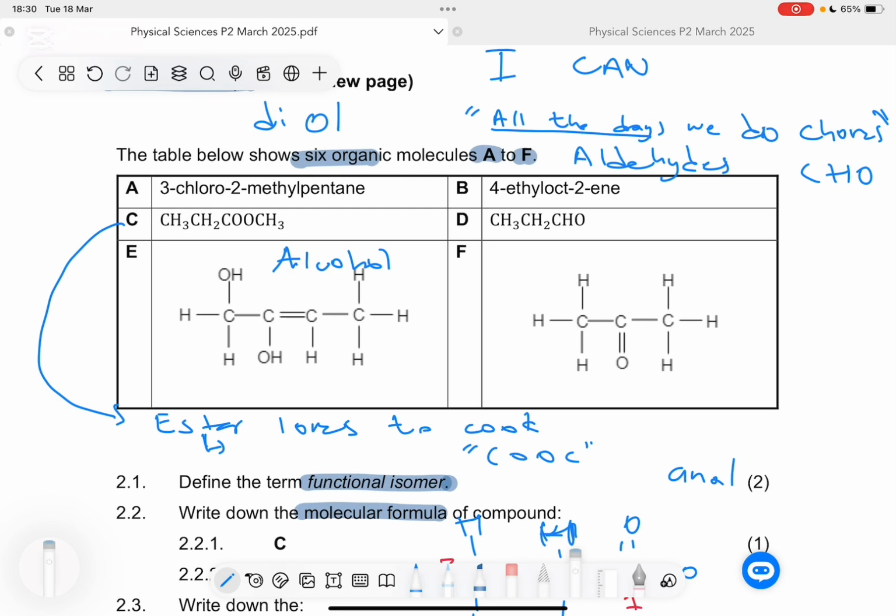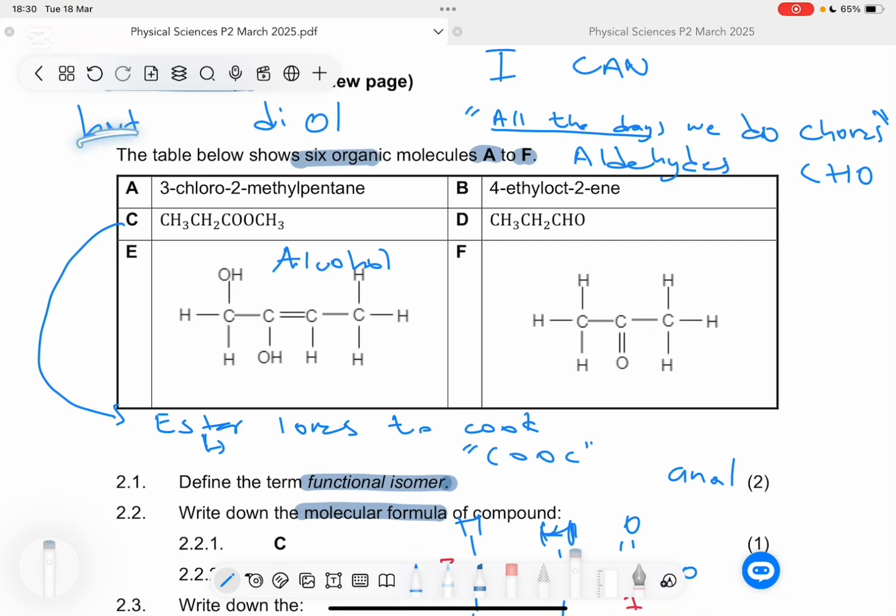The other thing we have to notice is that we have a straight chain molecule. There are no branches here. And when I look at my carbons, I have 1, 2, 3, 4 carbons. That would mean this would be classified as a but, because but means 4, right?